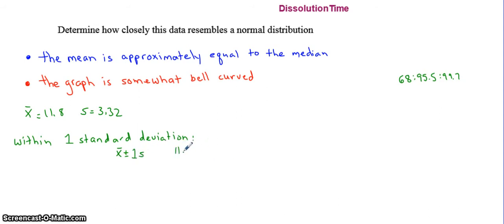So 11.8 plus or minus 3.32 gives you an interval of 8.48 to 15.12. So 11.8 minus 3.32 is 8.48. 11.8 plus 3.32 is 15.12.